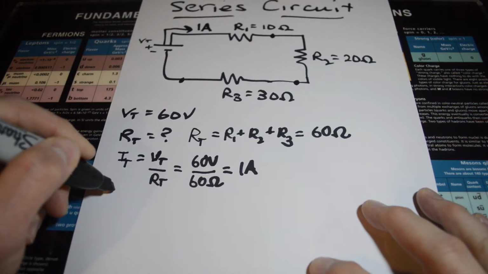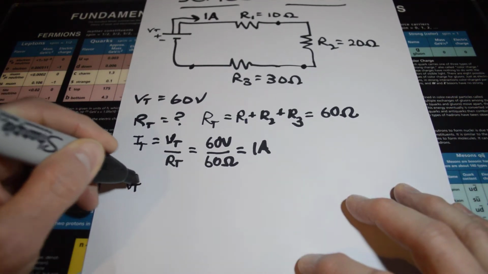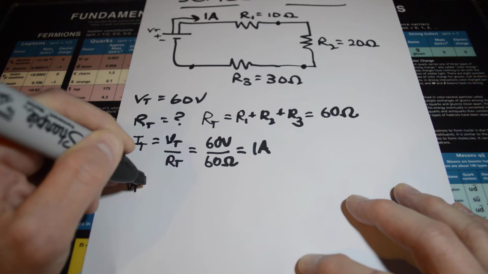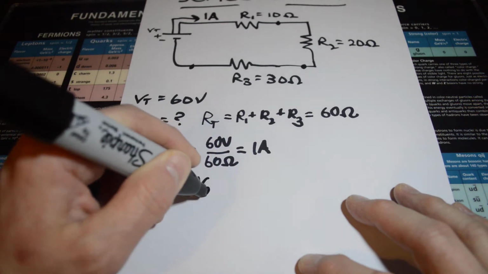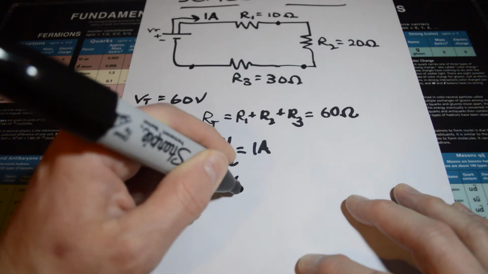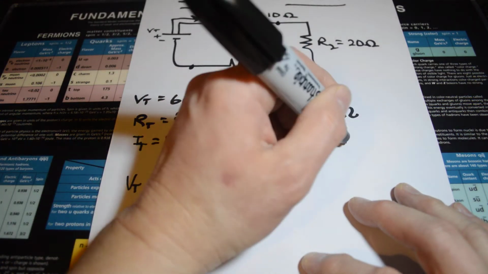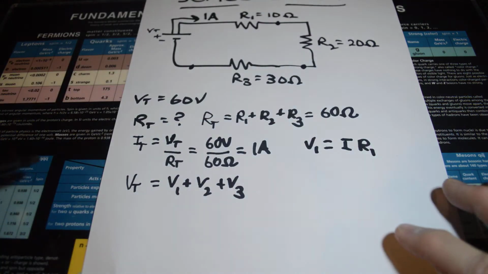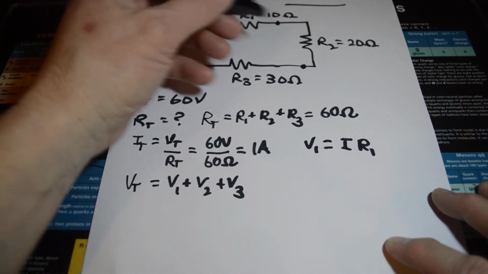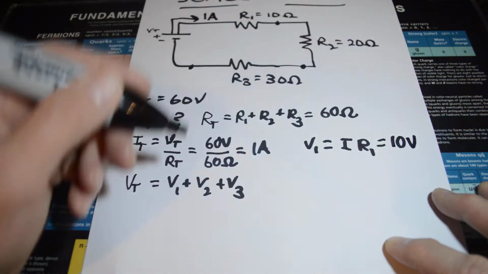The next thing would be to calculate what is the voltage drop across each one of those resistors. We said that the voltage is additive. So let's go ahead and calculate the voltage for any one resistor. That would be the total current times the resistance. Total current being 1 amp times 10 ohms gets you 10 volts.